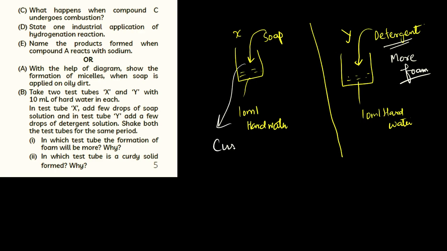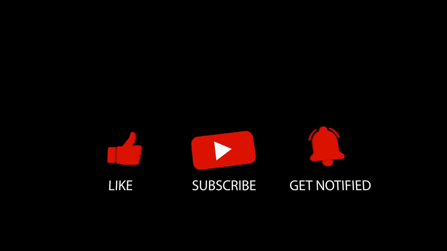In test tube X there is curdy solid formed, that's called scum. That scum is formed by the soap, because the salt in the hard water will not allow the soap to form micelle. If micelle is not formed, that means it's not going to work well in hard water. So it forms a white curdy substance called scum.